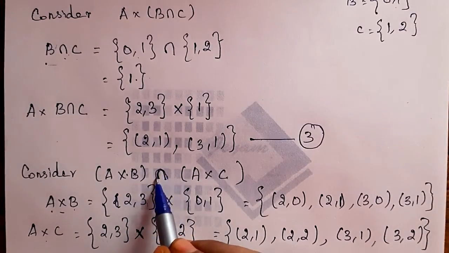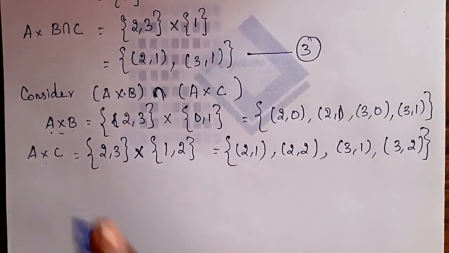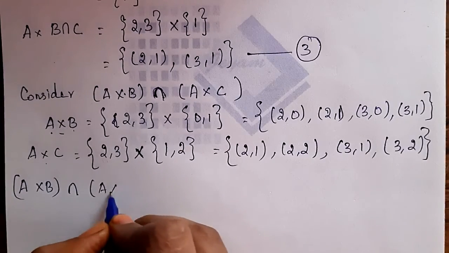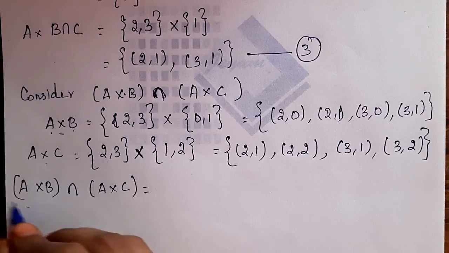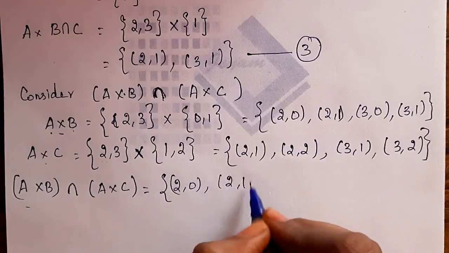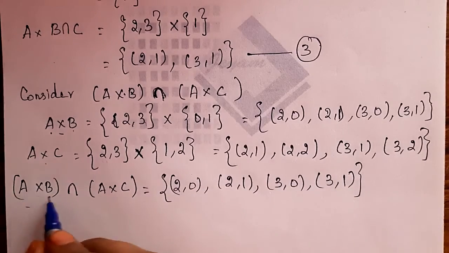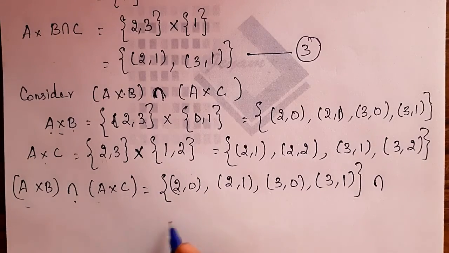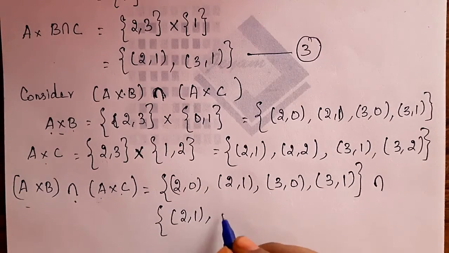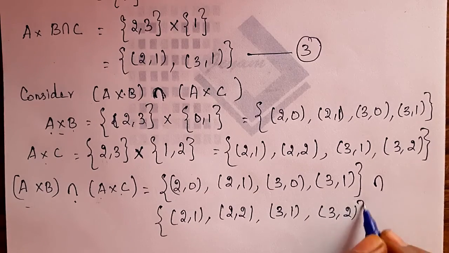Next we can do the intersection. So next step is (A cross B) intersection (A cross C) is equal to, you write the set first. The set of all (2, 0), (2, 1), (3, 0), (3, 1). First set over. Next intersection. Next set, A cross C, that is here: (2, 1), (2, 2), (3, 1), (3, 2).